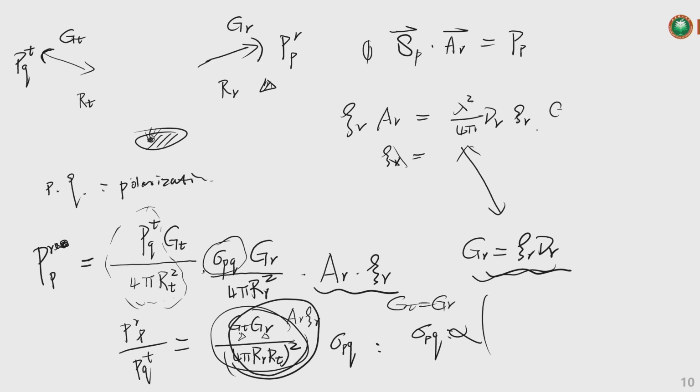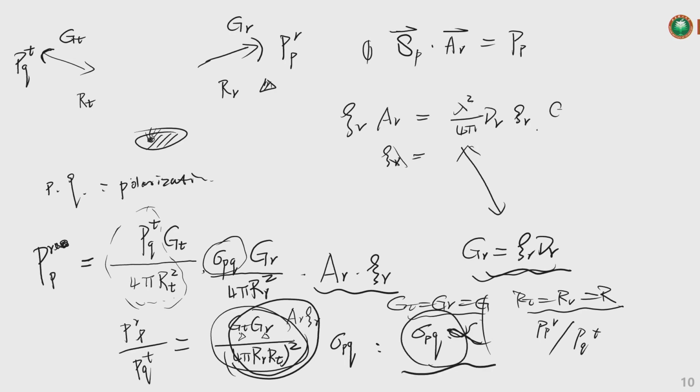They use the same antennas and equal G here. And RT equals RR, it equals the distance R, right? So it is only related to the configuration of the radar system, the target, and also the transmitted power and the received power here. And so if we relate them together, then we can get the radar cross section here, right?